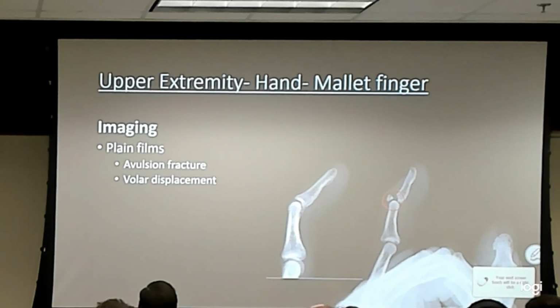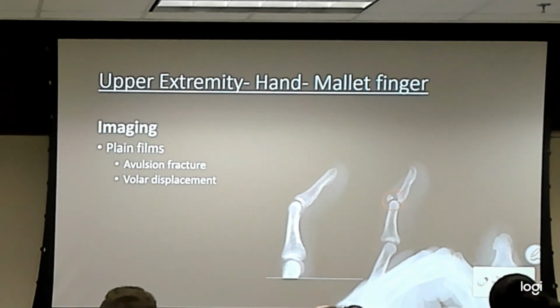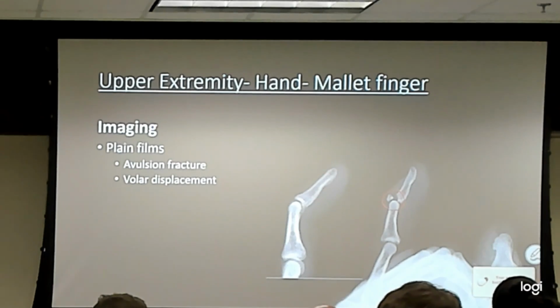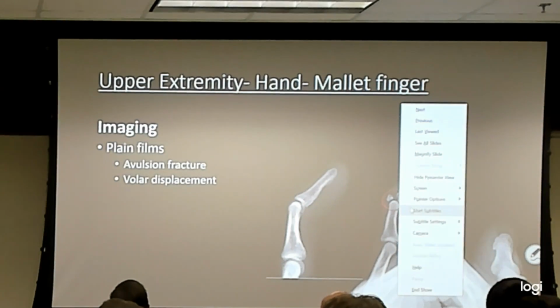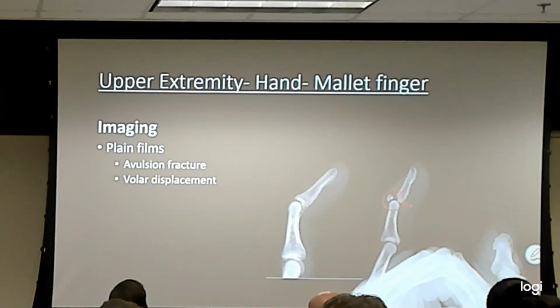Same kind of rationale: if that chunk that is avulsed off is big enough, then the flexor tendon starts to win and it starts to pull that distal phalanx towards the palm. That will result in abnormal mechanical forces at that joint and will accelerate osteoarthritis.